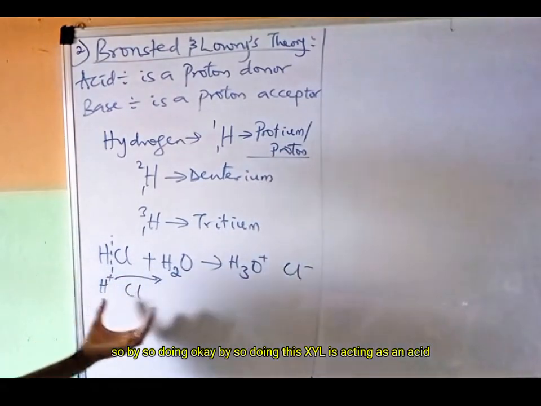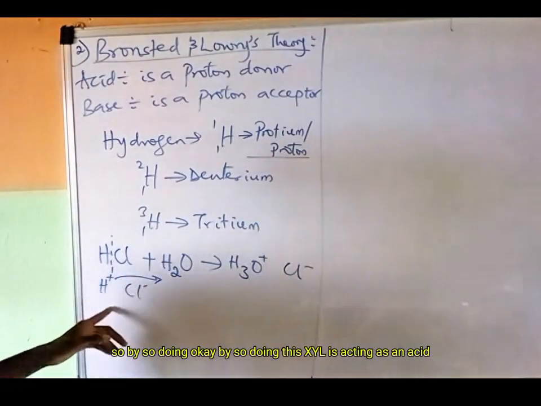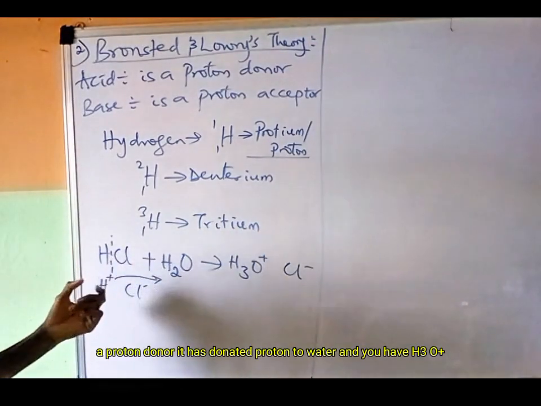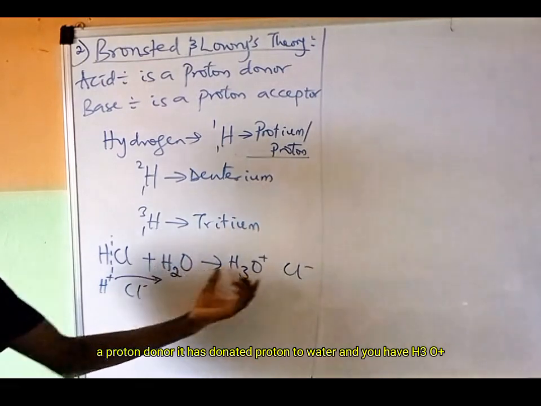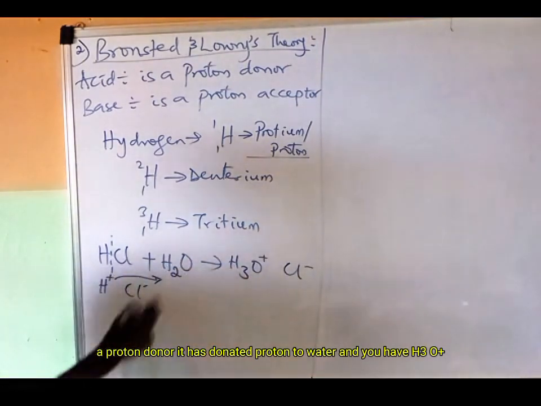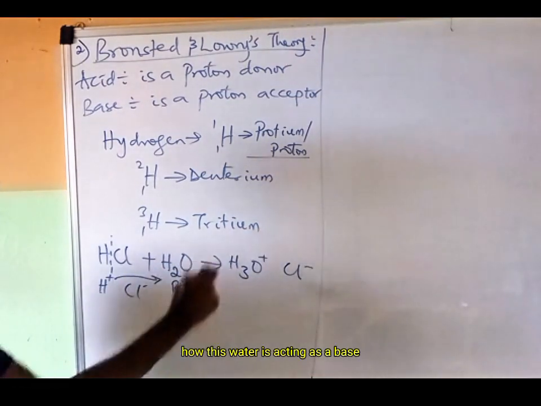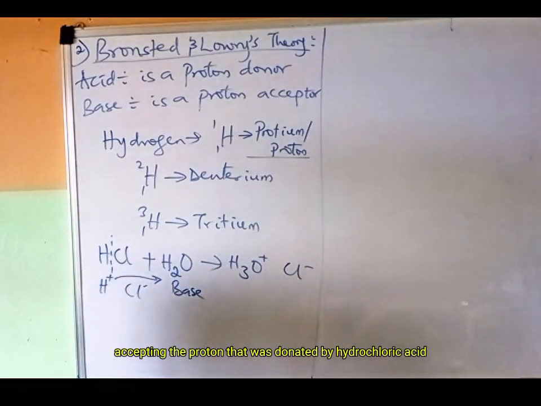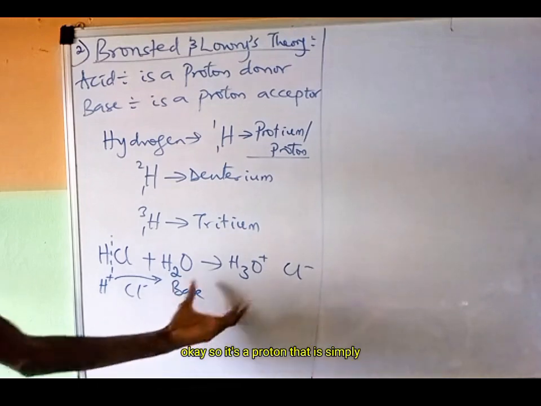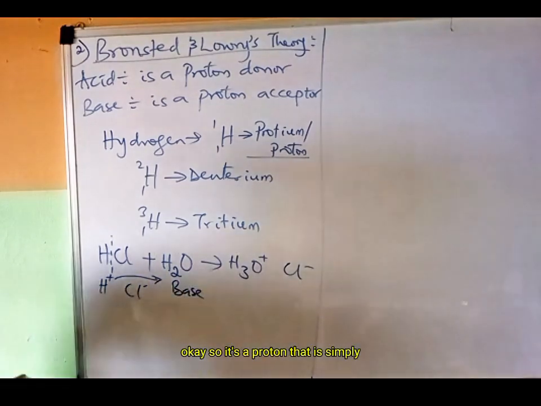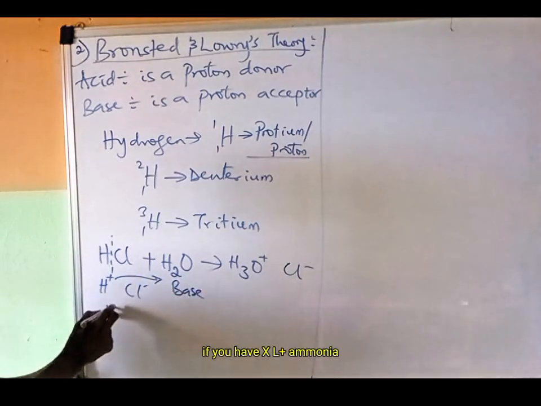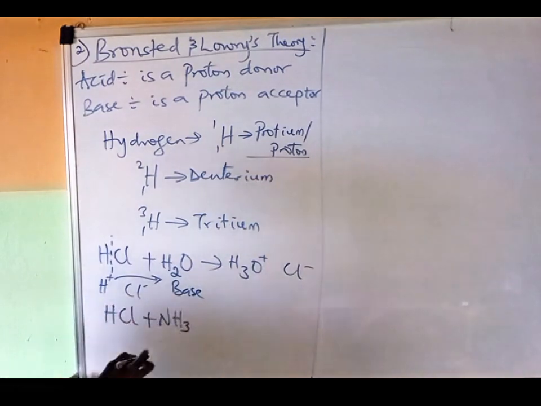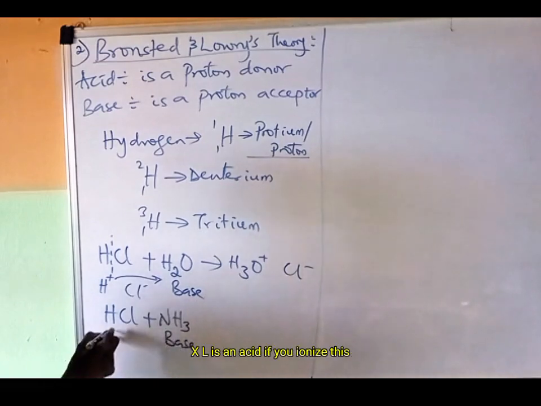By so doing, this HCl is acting as an acid, a proton donor. It has donated proton to water, and you have H3O plus. While this water is acting as a base, accepting the proton that was donated by hydrochloric acid. Okay, so it's a proton recipient. Let's see another example. If you have HCl plus ammonia, ammonia is a base, okay, HCl is an acid.